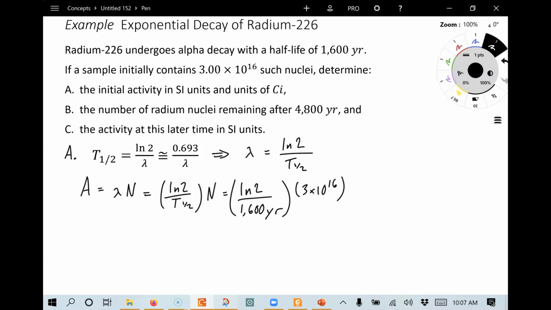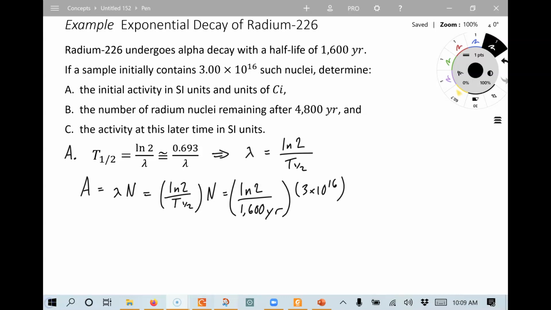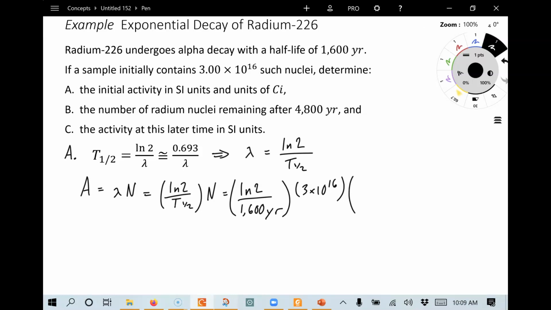Right now, I've got units of years. I want to convert this to seconds. And the conversion I looked up on Google tells us that for 1 year, we've got 3.154 times 10 to the 7 seconds.